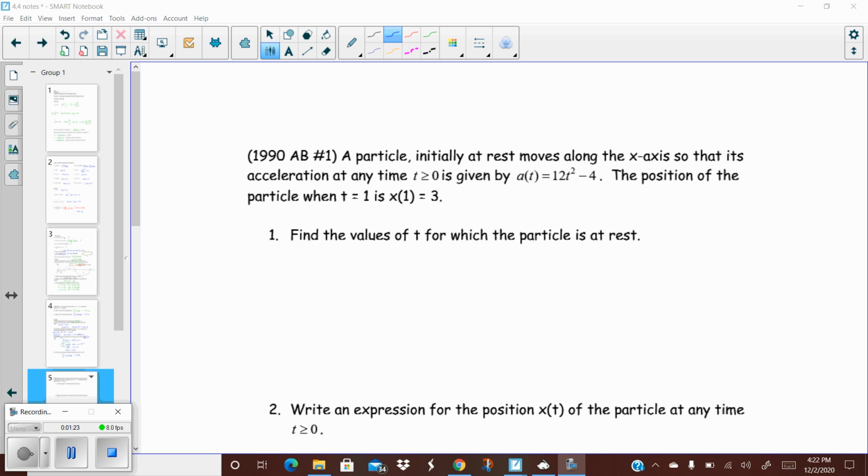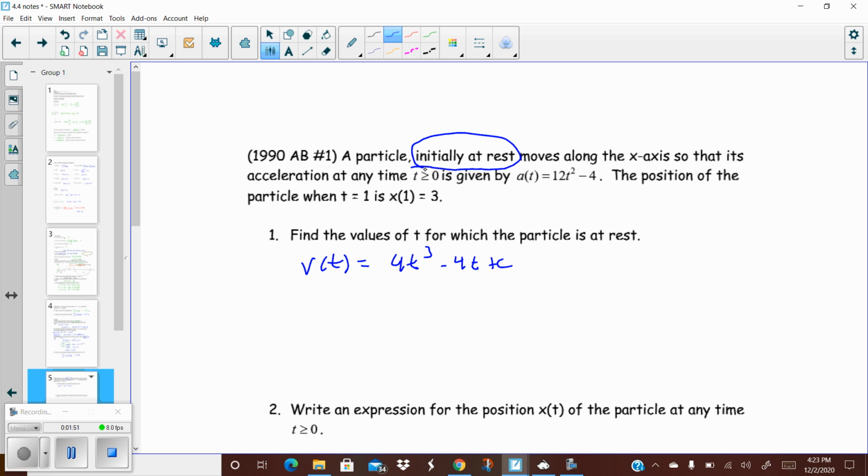First thing is, I know that velocity is the antiderivative of acceleration. So the antiderivative of acceleration is going to be 4t cubed minus 4t plus c.